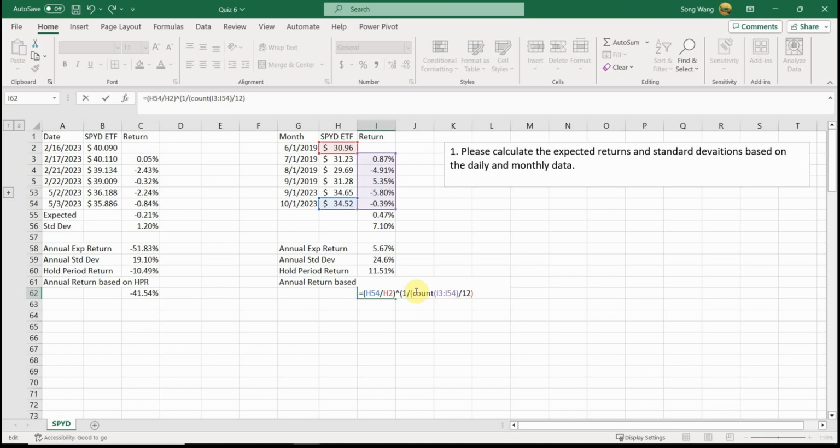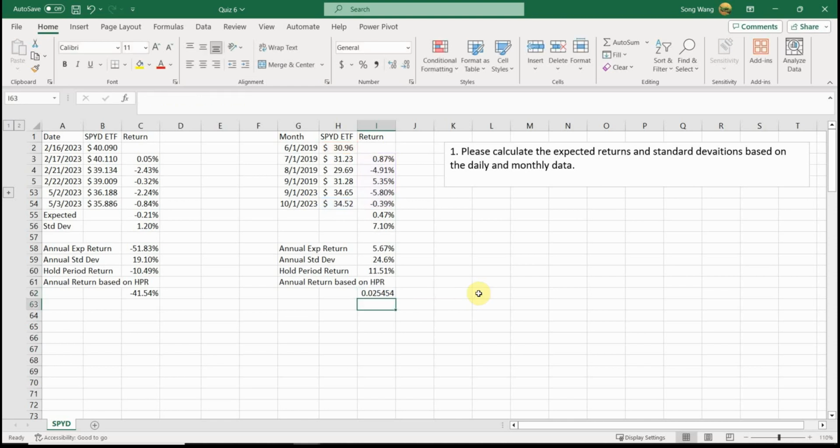So this is the count: 52 months divided by 12 months is the number of years in this time period, and I'm using 1 divided by that. After that, close the parentheses, minus 1. Hit enter. So each year, in a geometric way, the return is 2.55%.